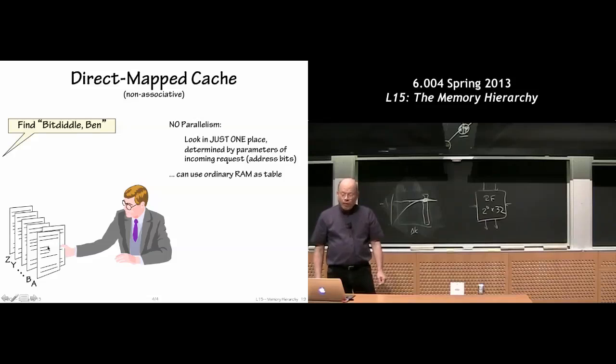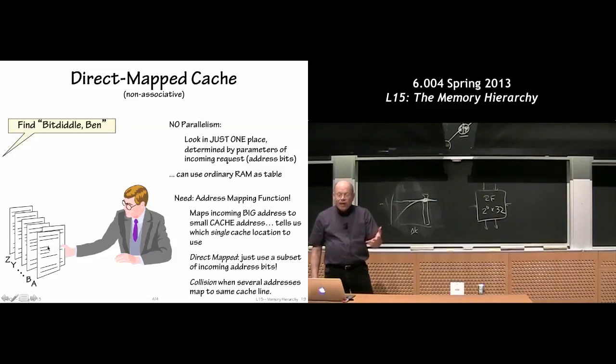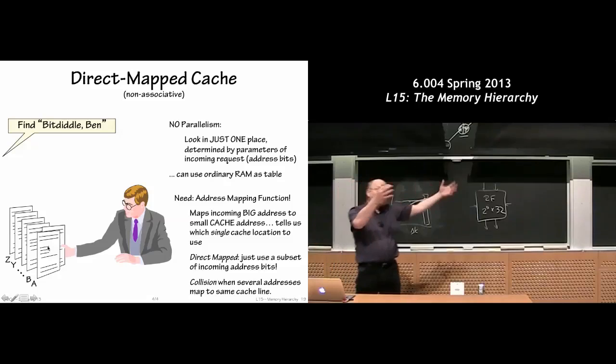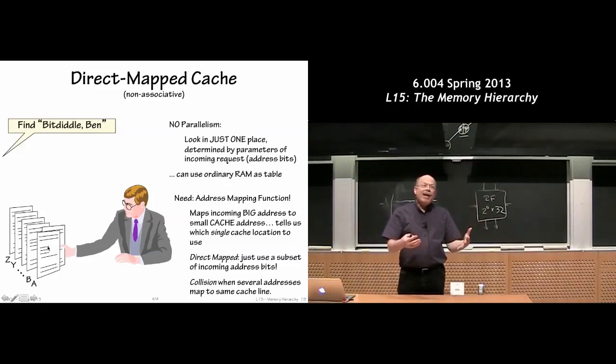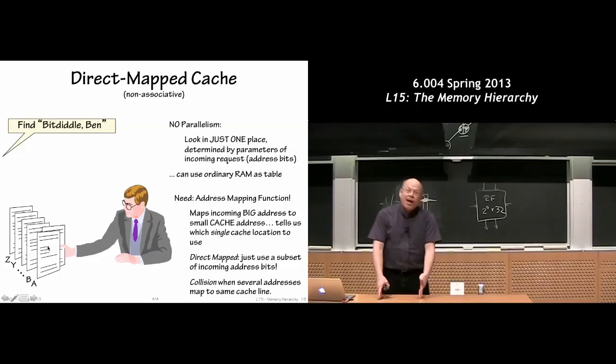So this notion is what we call a direct mapped cache, where we take some of the information that's coming in, the address, in this case the name, and we have a mapping function and a small array in our cache. Each of the incoming addresses will be found in a specific slot in the array, and which slot it is depends on how I map the addresses to the slot number.